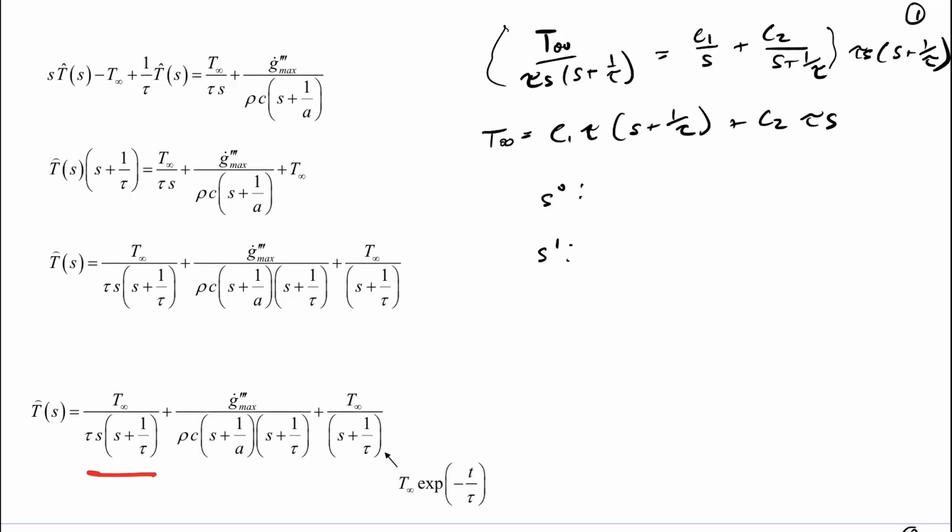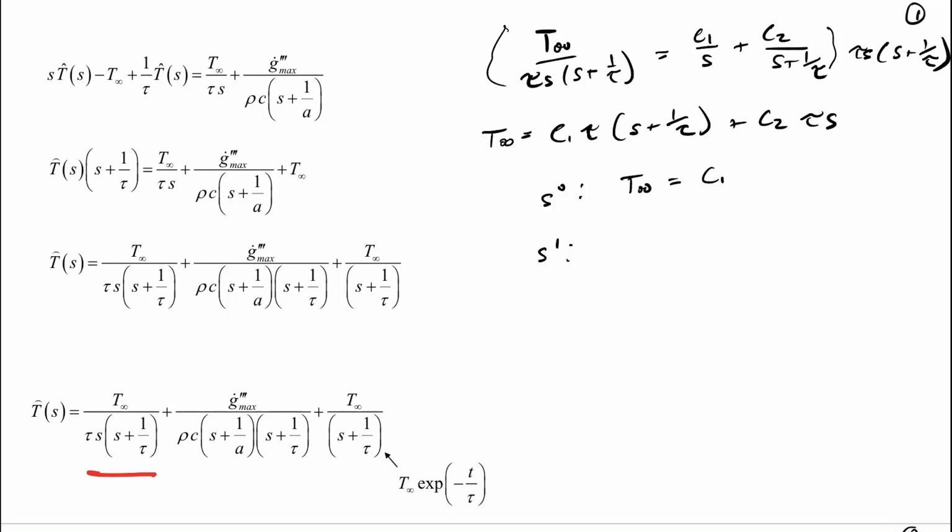For the 0th power, on the left-hand side we have T infinity, and on the right-hand side we have C1 times tau times 1 over tau. Oh, no, because it's tau over tau, so it just becomes C1. Hopefully I did that right.